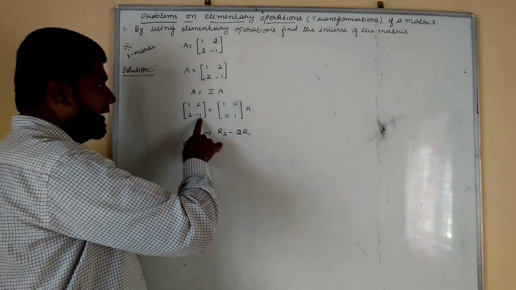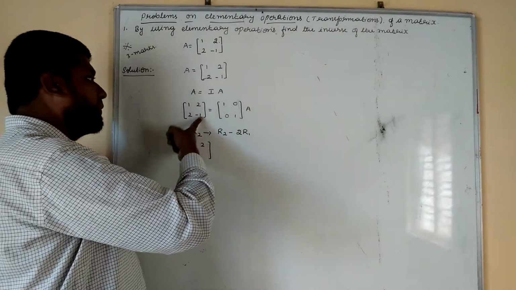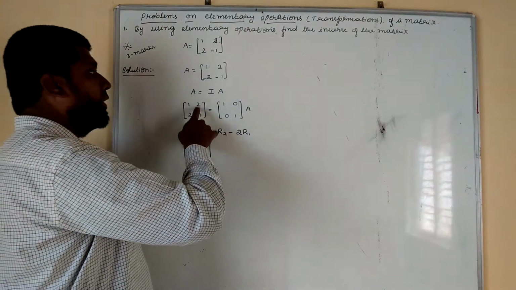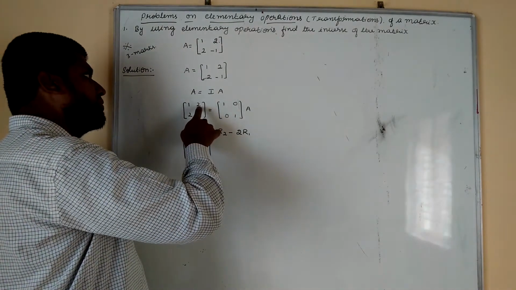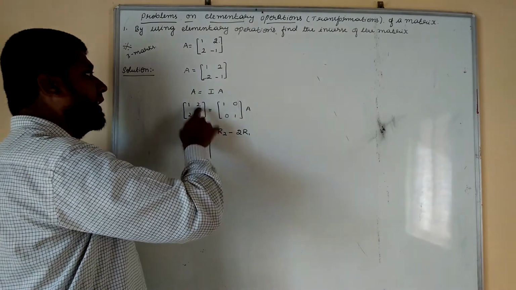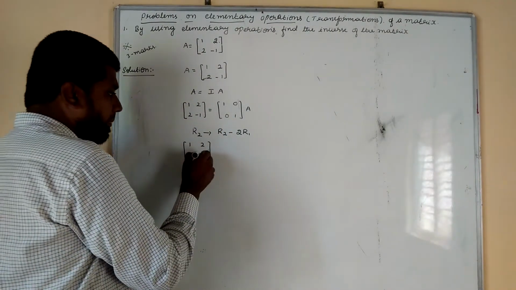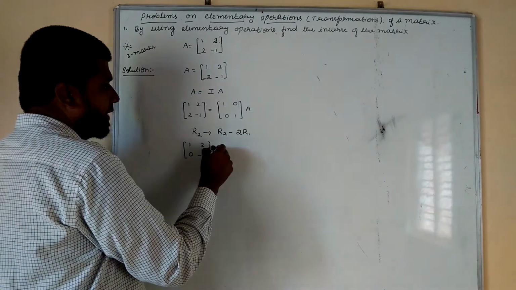Then minus 1 minus 2 into 2, which is 4, minus 1 minus 4 gives minus 5.